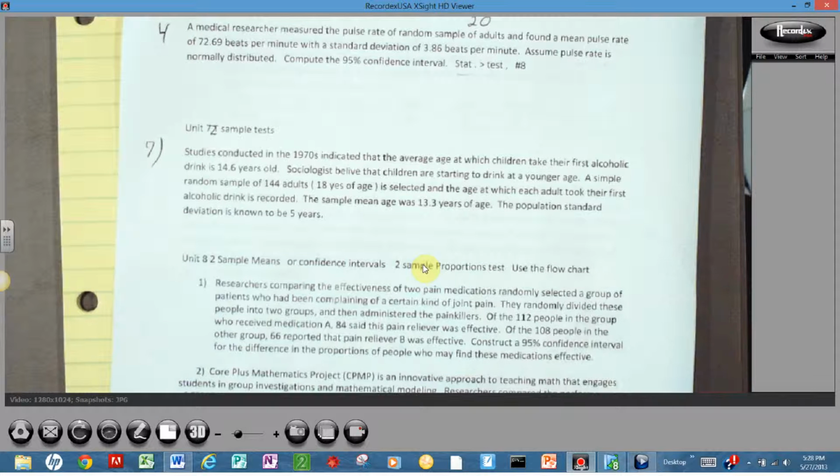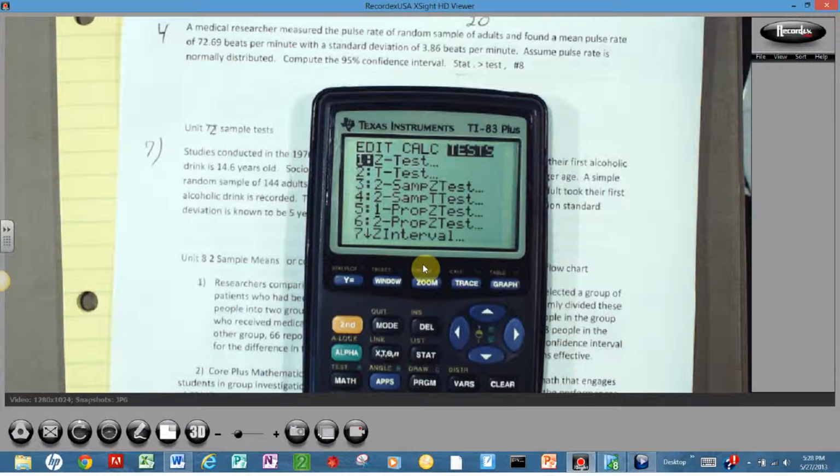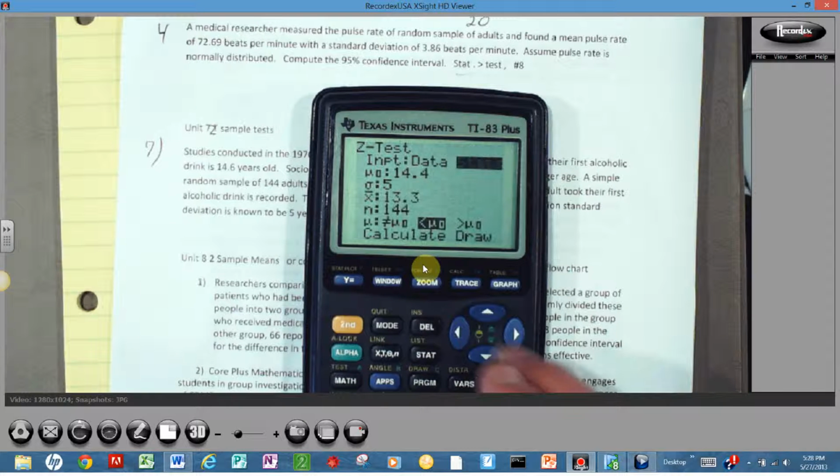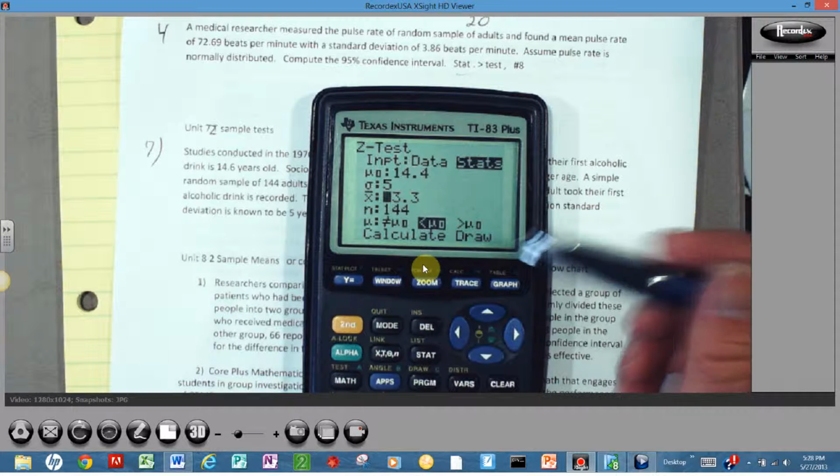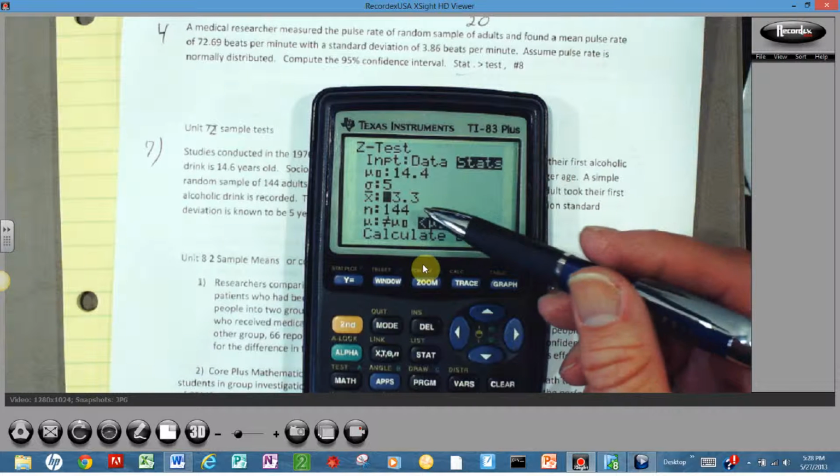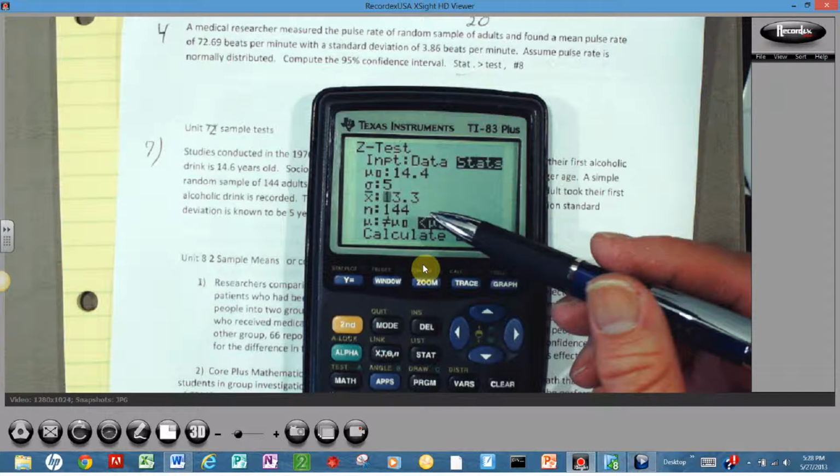So on this problem, if we go down to test, the z-test is the first one there. It's going to be statistics, and we know that the population mean is 14.4, and we know that the population standard deviation is 5, and 13.3 is the sample mean, and my sample size is 144.